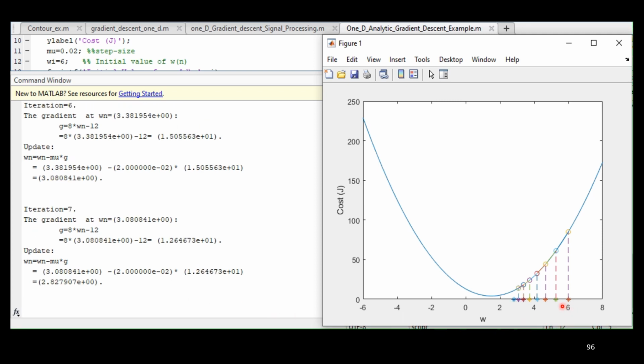So you see one thing. When it is far away, it is taking larger steps. When it is coming closer to the optimum point, it is taking smaller steps, because the gradient value is reducing gradually. So it is moving towards the optimum point 1.5 gradually.